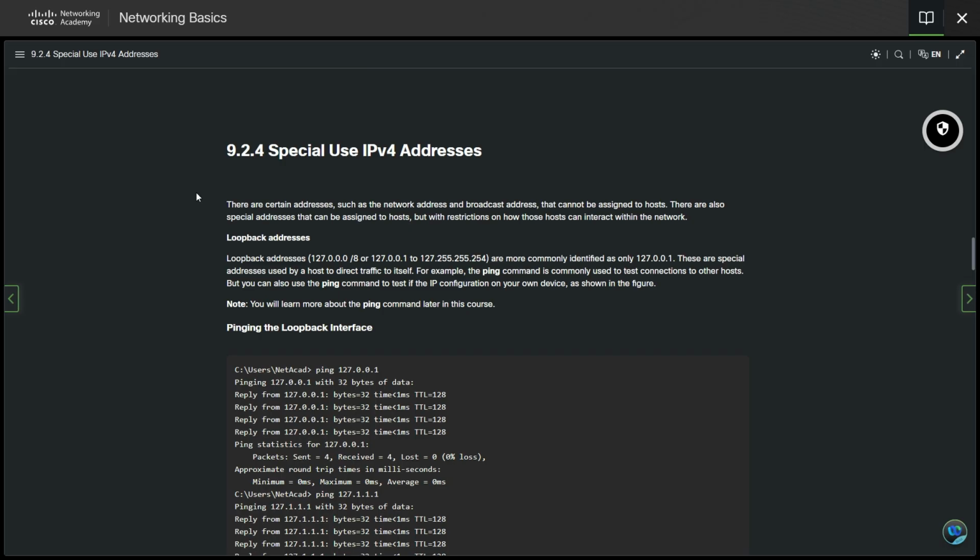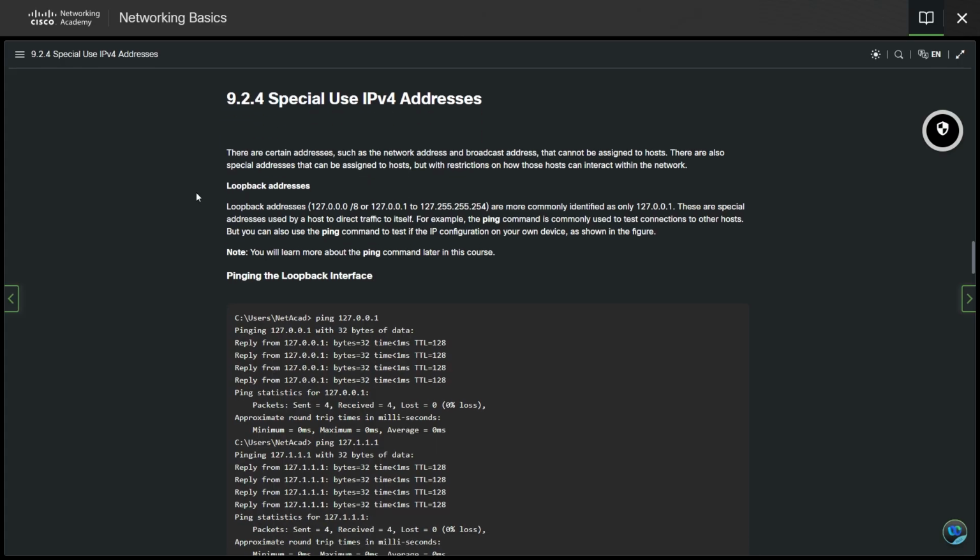There are certain addresses, such as the network address and broadcast address, that cannot be assigned to hosts. There are also special addresses that can be assigned to hosts, but with restrictions on how those hosts can interact within the network. Loopback addresses, with this address or this address, are more commonly identified as only 127.0.0.1.